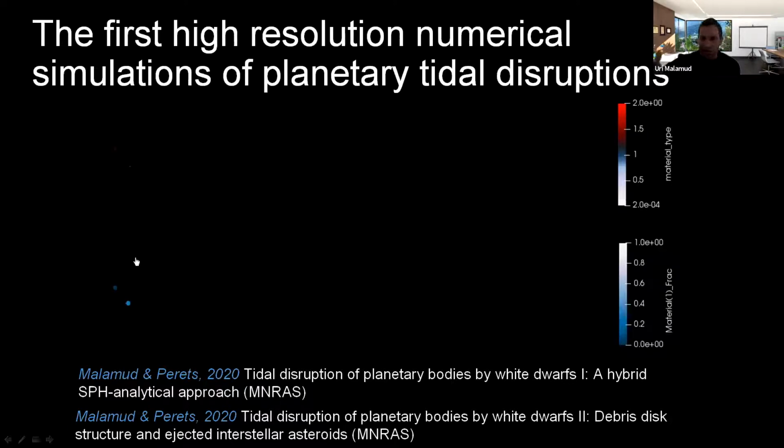So everything is tracked and synchronized. We make sure that as these fragments come back to the star, we get the timing right. And so we build a disk from these calculations that otherwise you would not be able to do with a full hydrodynamical simulation.